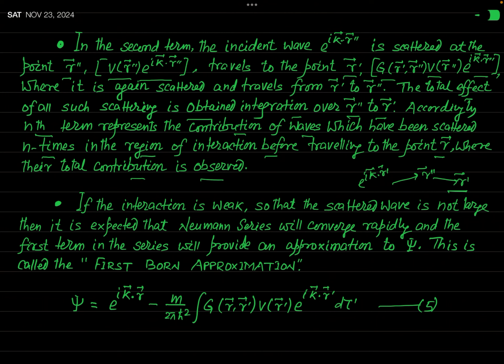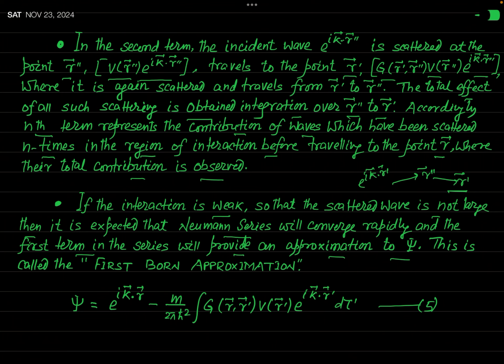Actually, if the interaction is weak, so that the scattered wave is not large, then it is expected that the Neumann series will converge rapidly and the first term in the series will provide an approximation to the value of psi.